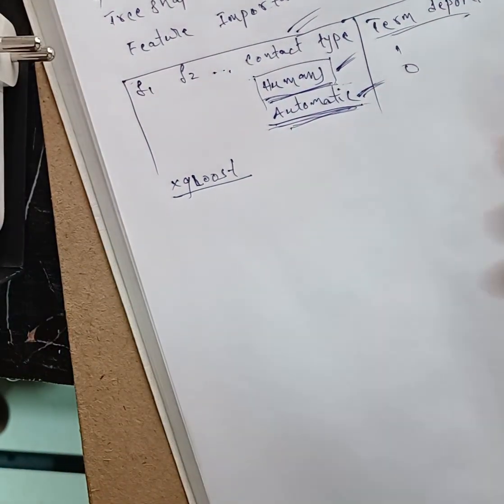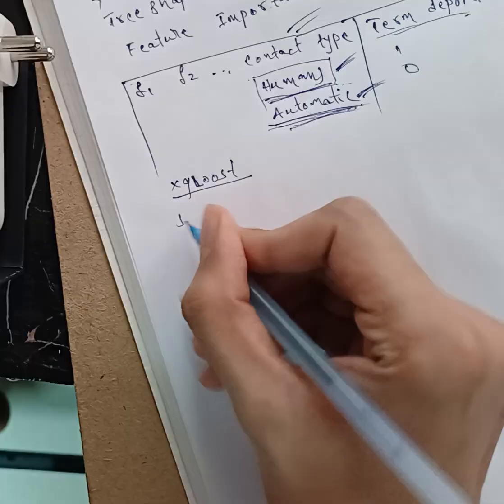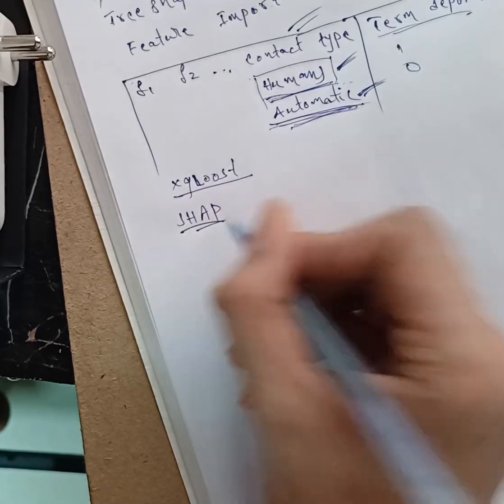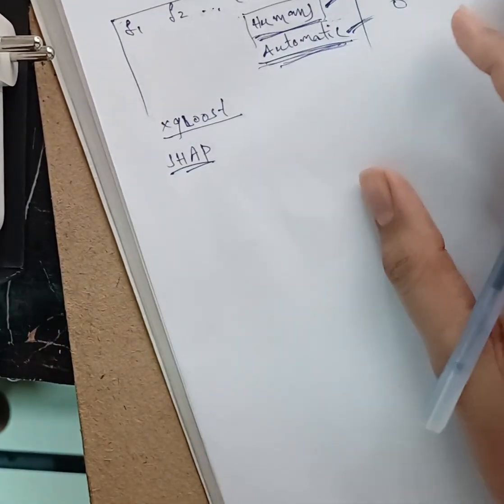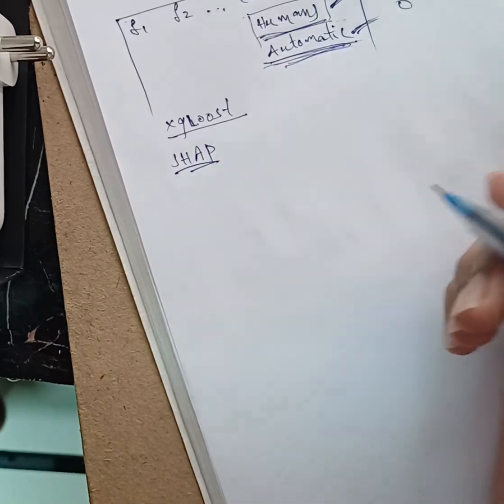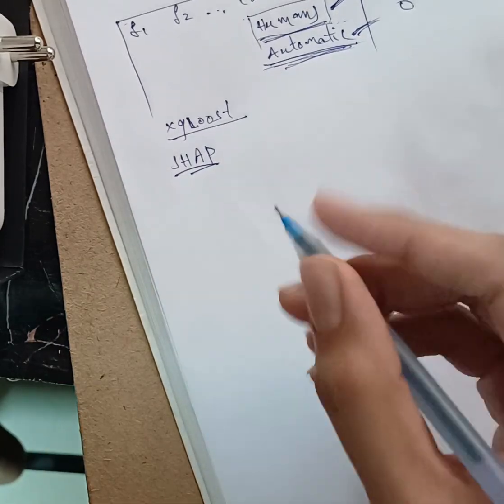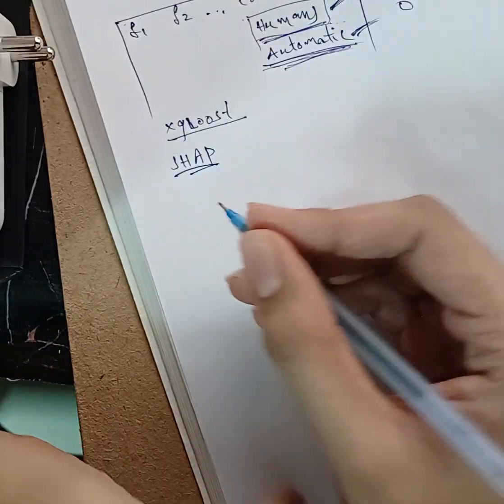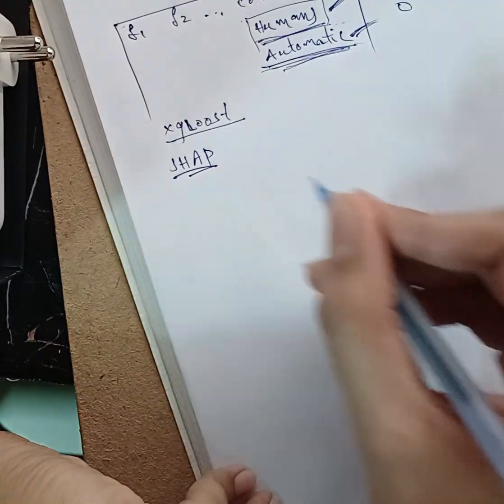Now let's understand SHAP. By using SHAP we will get to know the feature importance. Now how exactly does SHAP work? Let's consider one more data set.